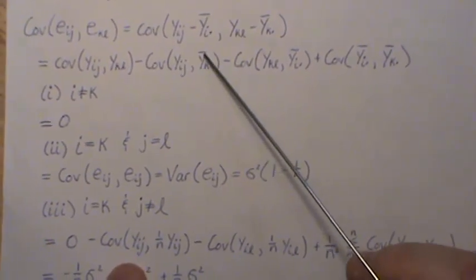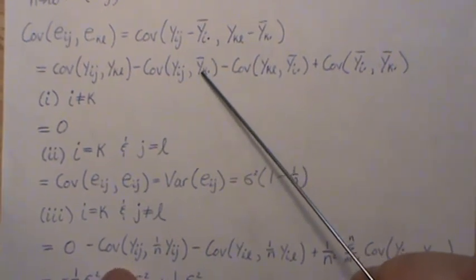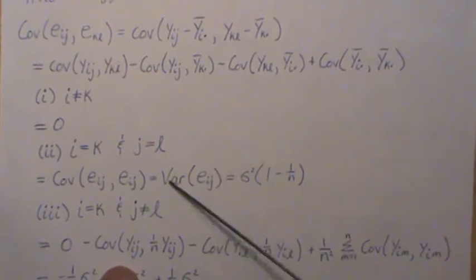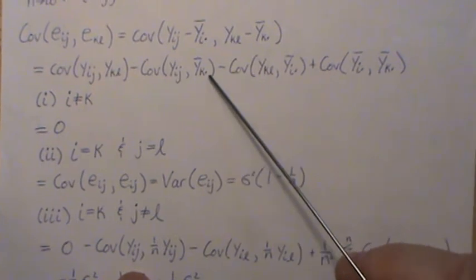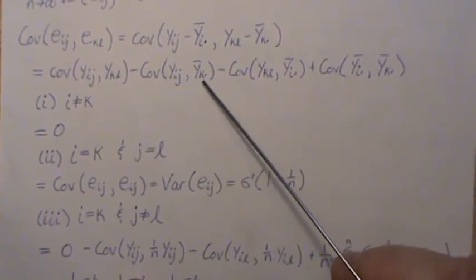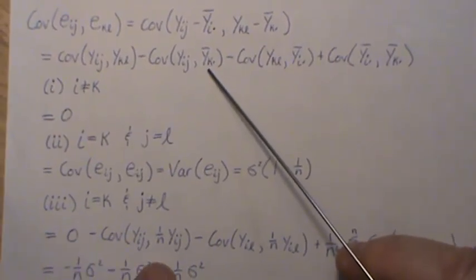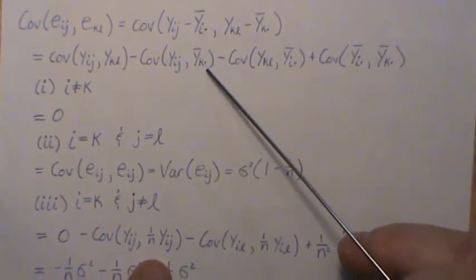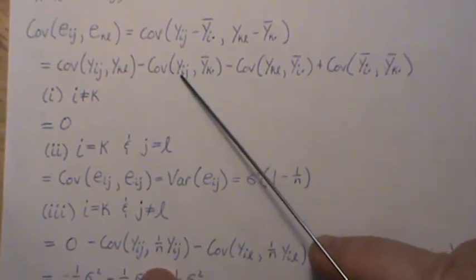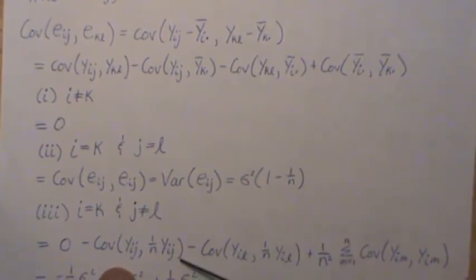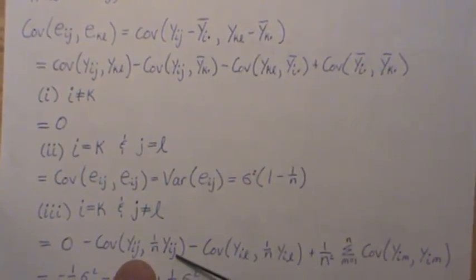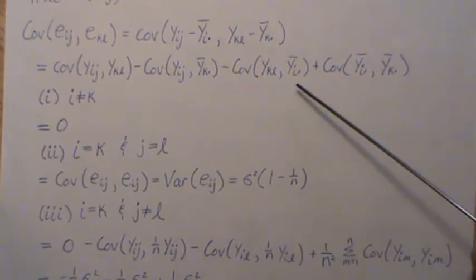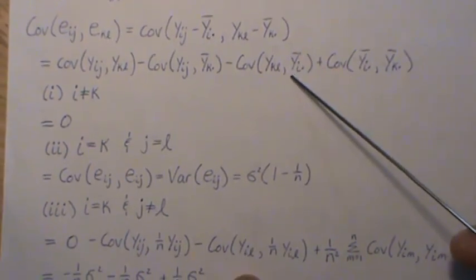Here we write out, this comes down. So IJ, and then this is K, but K is equal to I, and J and L are not equal. But when they're not equal, then that covariance is 0. So we can only look at the case where J and L are the same. So we put J and J in both cases. Here we do the same thing.